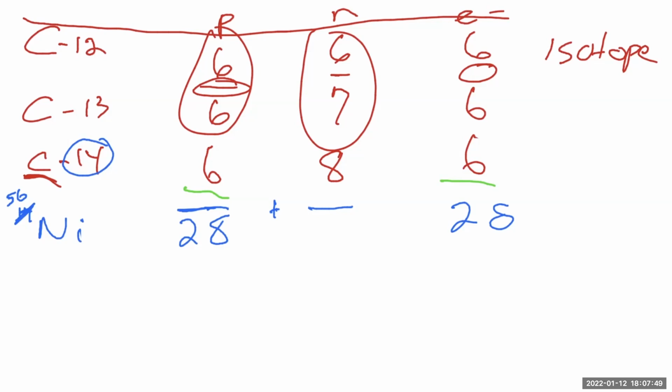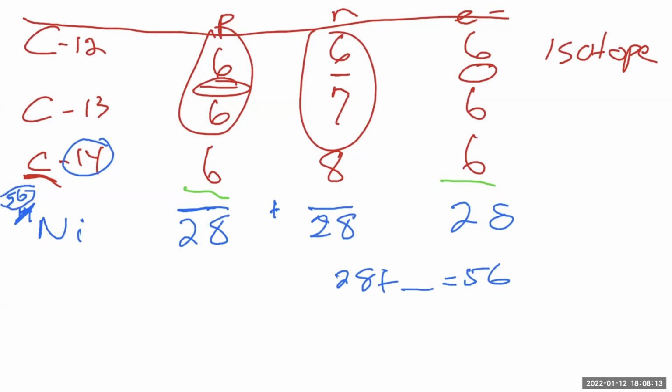You'd have to have 28 plus some number equals 56. So it has to be 28. Okay. The only things that have mass are your protons and neutrons. So if this is nickel 56, it means it has to total 56.